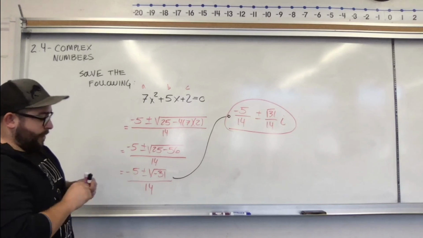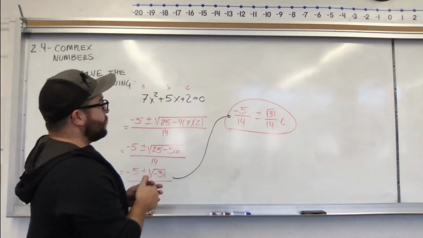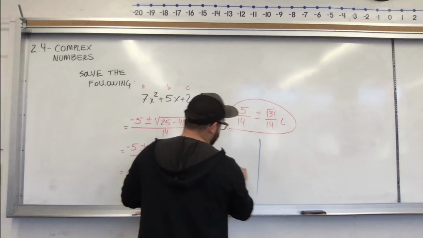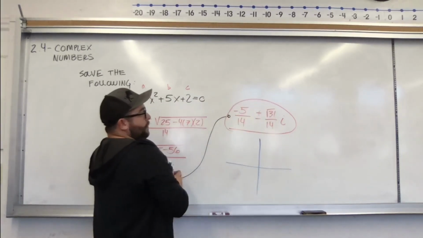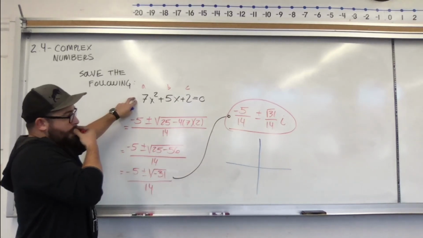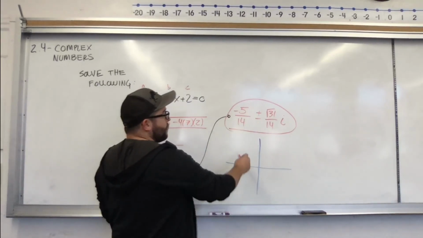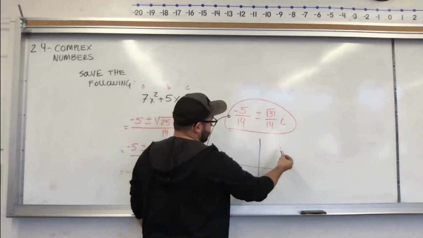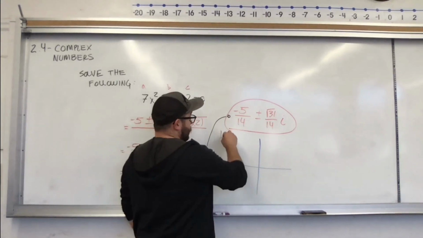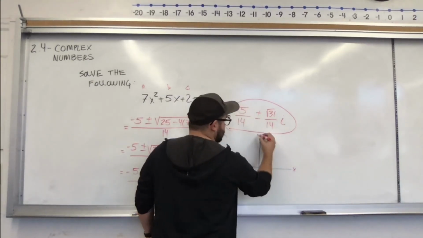Now, this is where we kind of face a little issue of zeros versus x-intercepts. So this part you don't necessarily need for the homework, but it's going to be useful and we'll cover it again coming up. If I have a zero, that's where my function equals 0. But technically, if I have x-intercepts that are complex, they're occurring off the x-axis. And here's the reason why. When we typically graph, we're dealing with the real numbers, where this is the x and this is the y, correct?